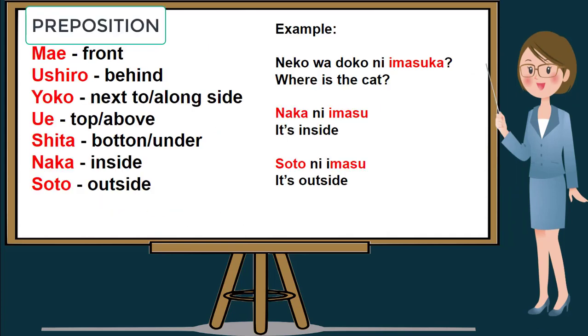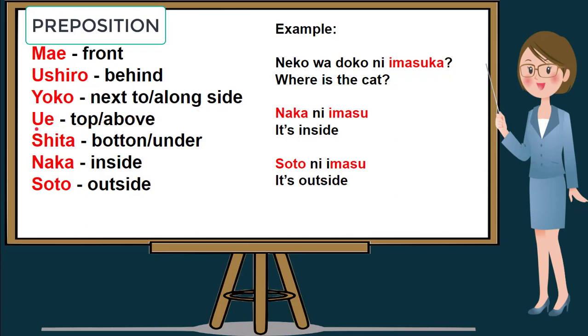This time, I'll be giving you an example of prepositions in Nihongo. The first one is mae, or in English, it means front. The second one is ushiro, or it means behind. The third one is yoko, or next to or alongside in English.